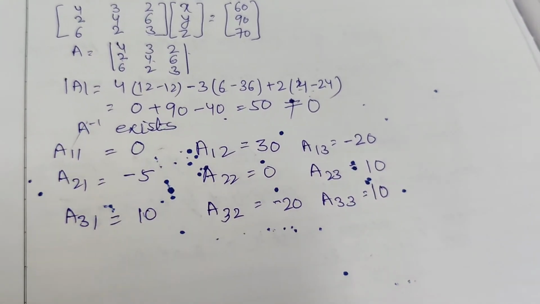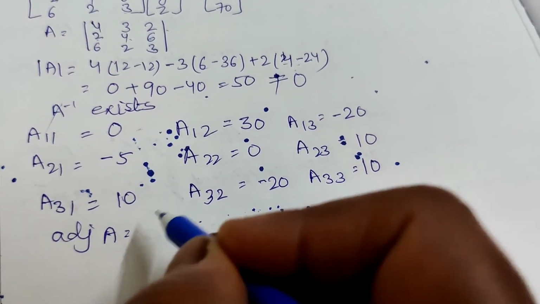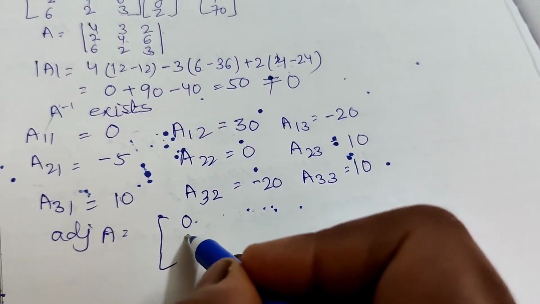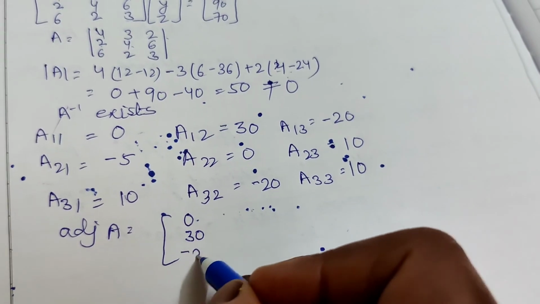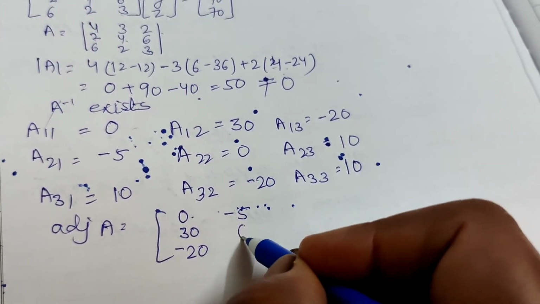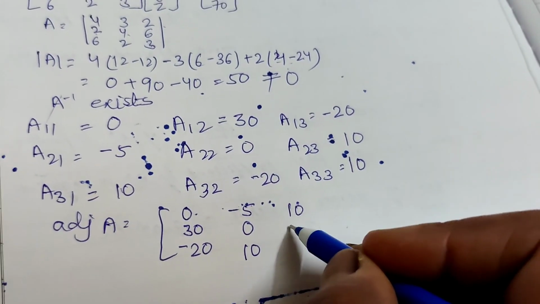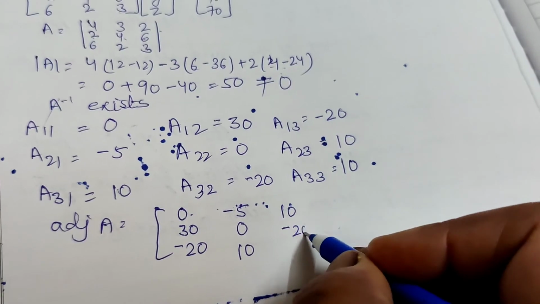Okay. Now adjoint of A: same way A11, A12, A13, A21, A22, A23, A31, A32, A33.